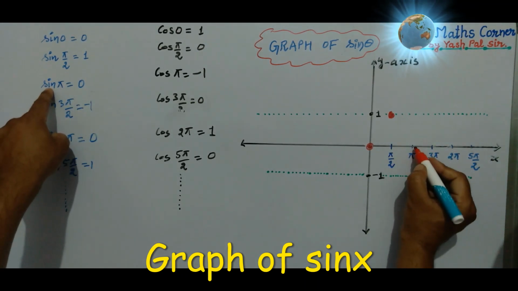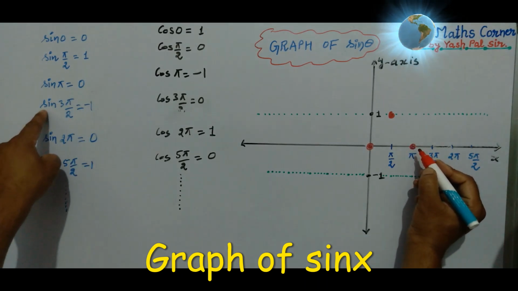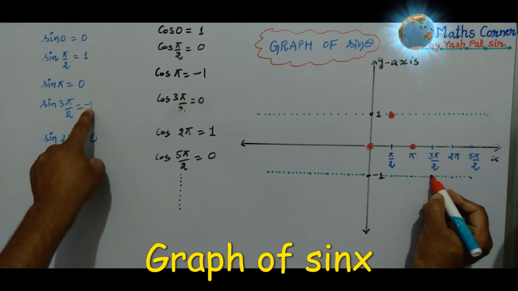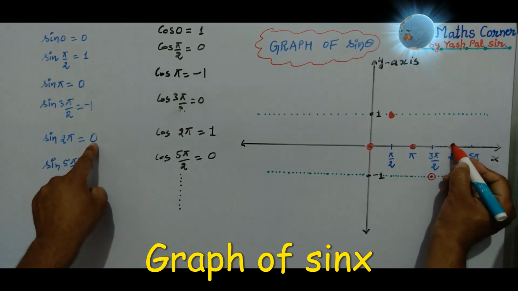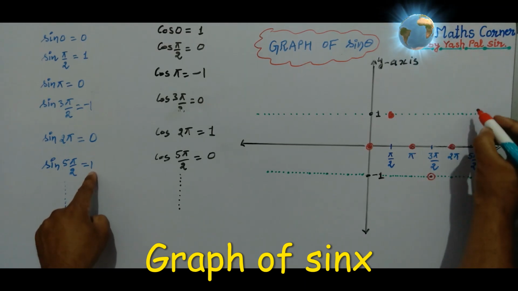Sine pi is 0, that is on the x axis. Sine 3 pi by 2 is minus 1, so this point is the value. Sine 2 pi is again 0, that is on the x axis. Sine 5 pi by 2 is 1, that is here.